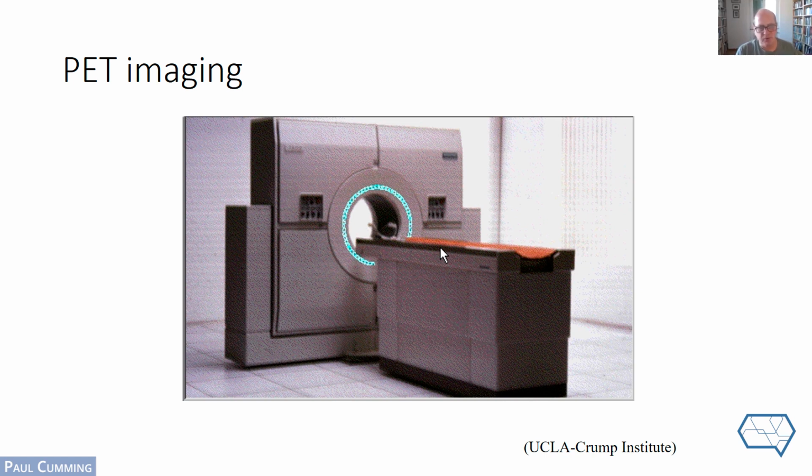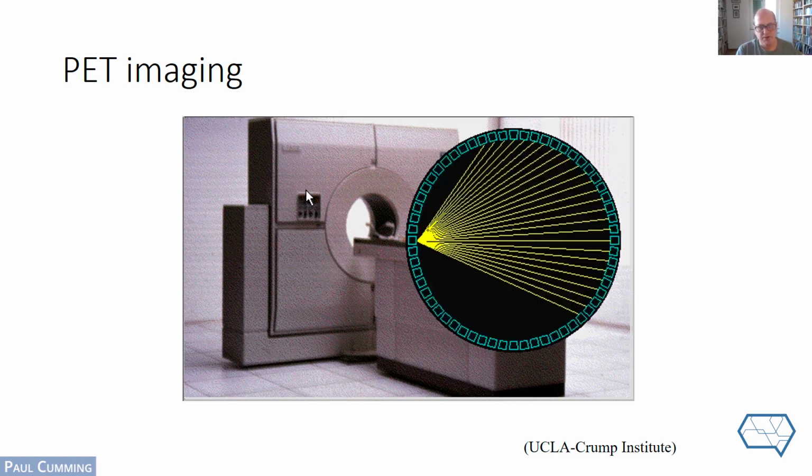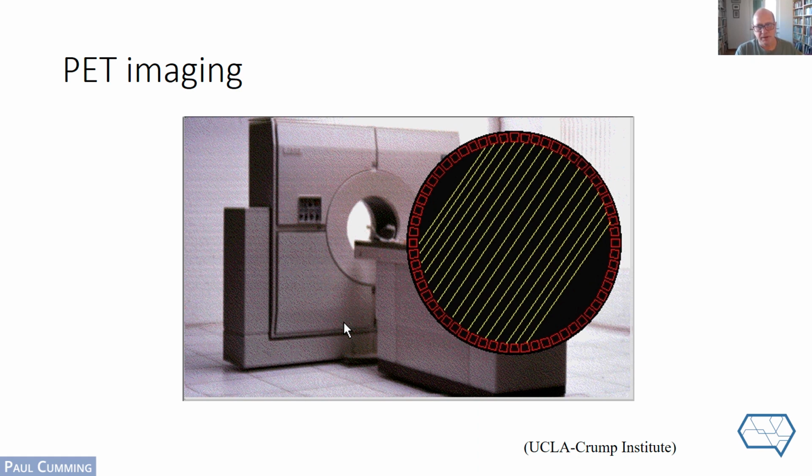Next slide, go forward. And so you see the kinds of rays that are possible for different decay events arising when two detectors, any possible pair of detectors in the ring, are activated in the same moment. Next. And these are parallel rays.